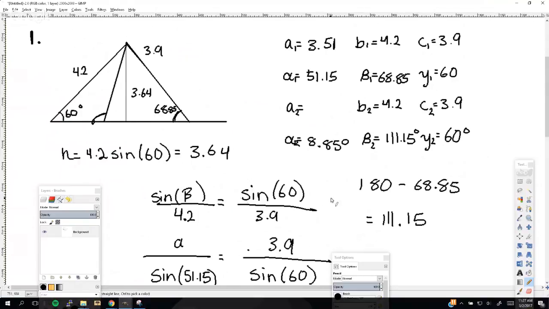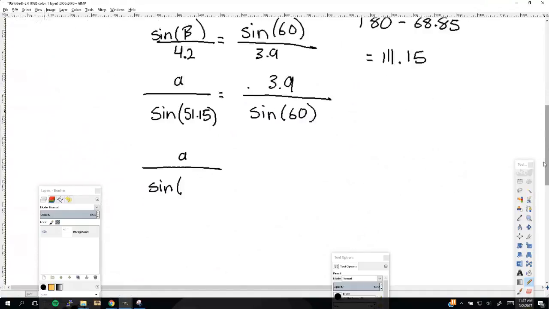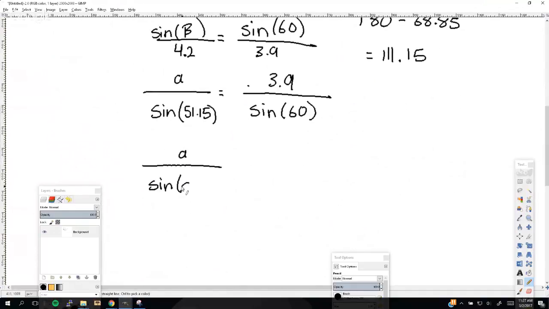And then if we do the same thing with this equation as we did before to find angle A, except using the sine of alpha, which is 8.85.